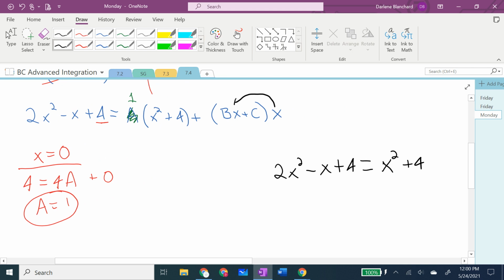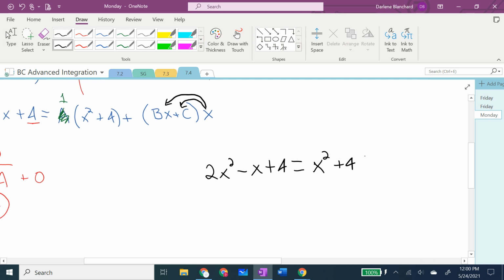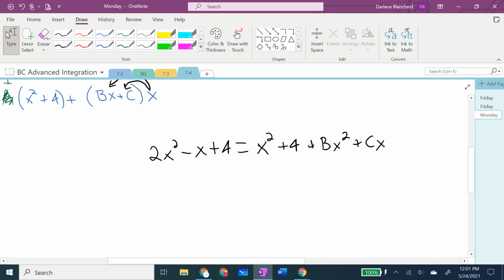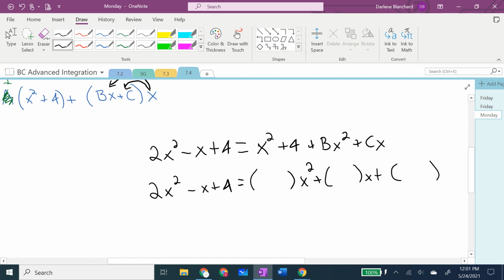Let's do a distribute multiplication over addition. And now 2x squared minus x plus 4 is equal to something times x squared plus something times x plus something that has no x. So look at your right side.